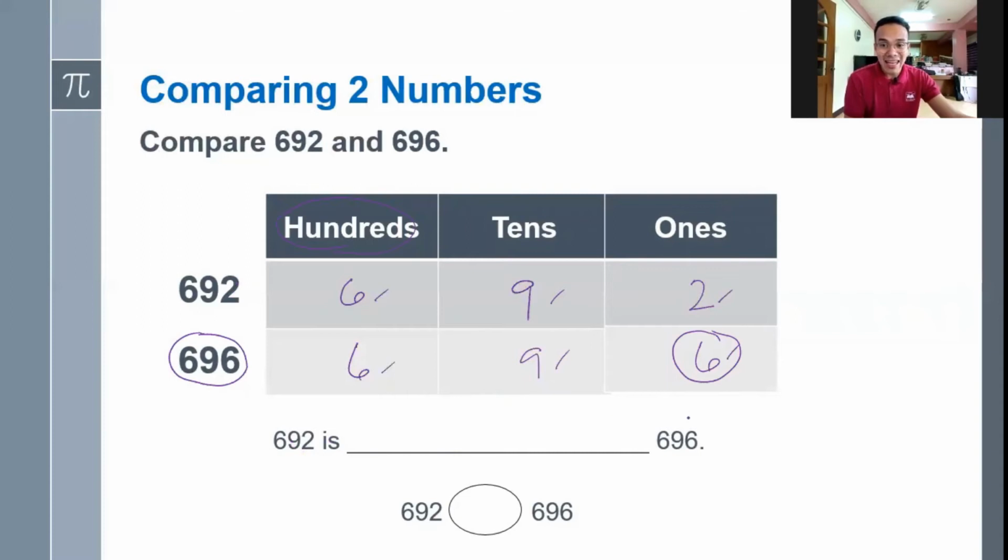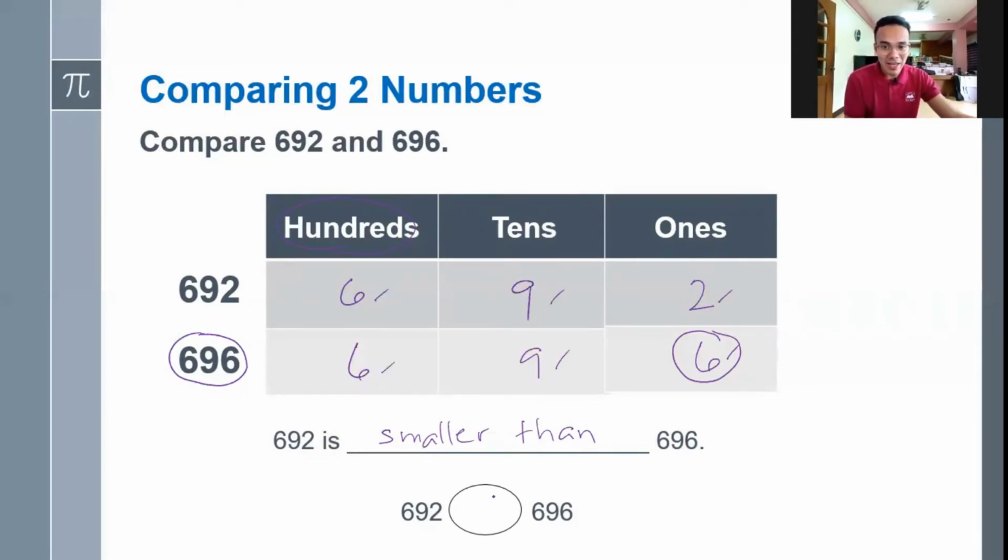692 is blank 696. A while ago, I told you that 696 is greater than 692, which means 692 is smaller than 696. And how do you write smaller than using a symbol?